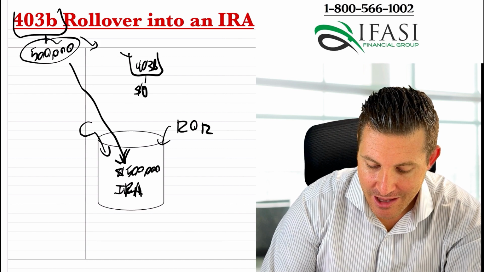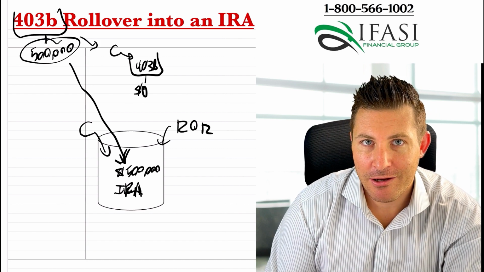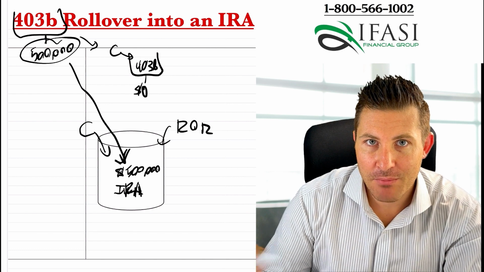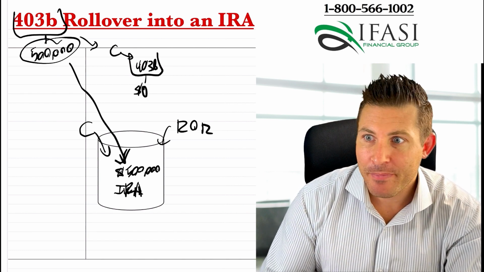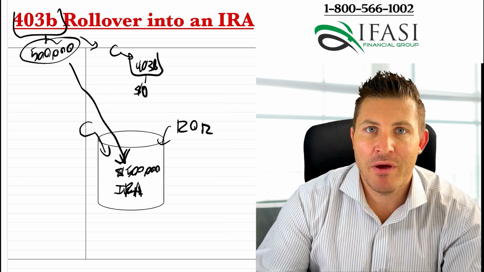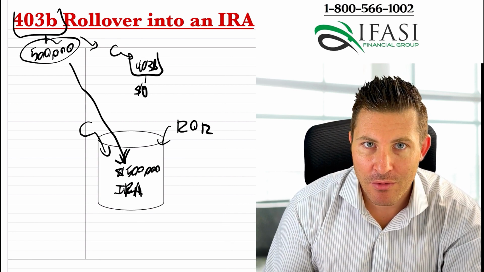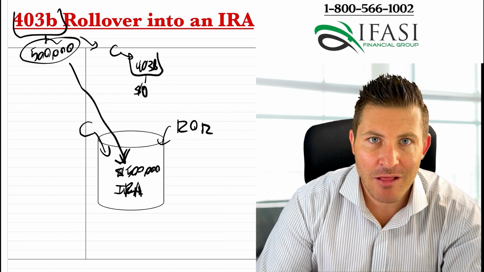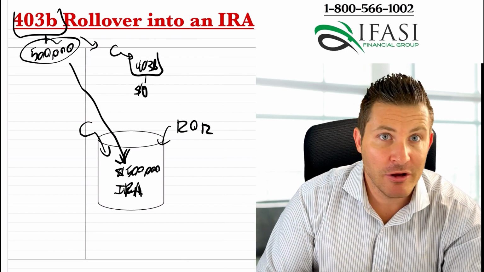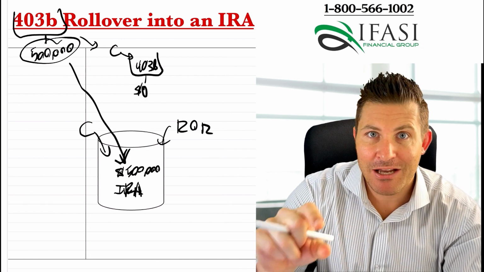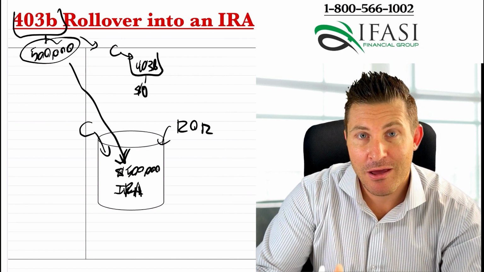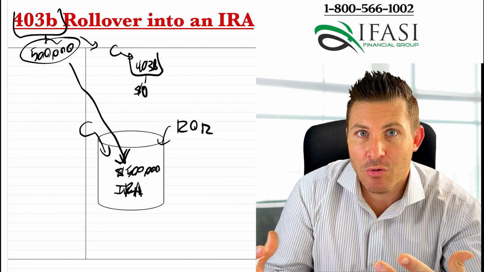but it does not affect the contribution side if they're still placing monies into their 403b account. Because let's say somebody makes $100,000 in a given year and their match is up to 5% and they're putting away $5,000 into their 403b account, the company's still matching them $5,000. It didn't matter if that account was $500,000 or it was $0 or $1. That match and the contribution are going to be different than what the actual total account balance is.